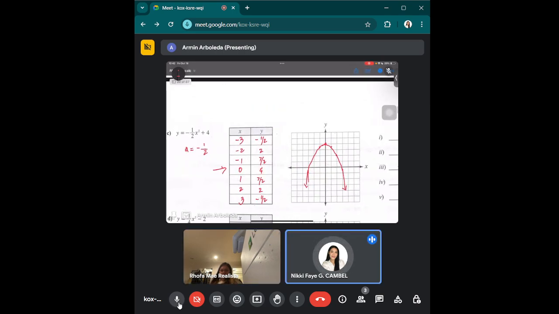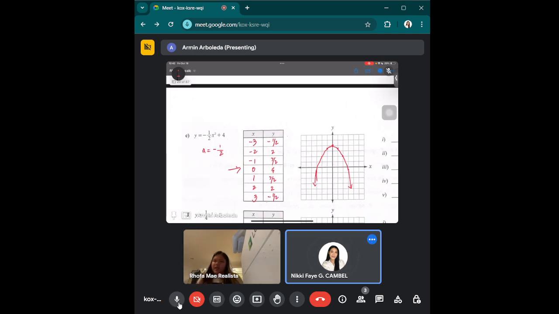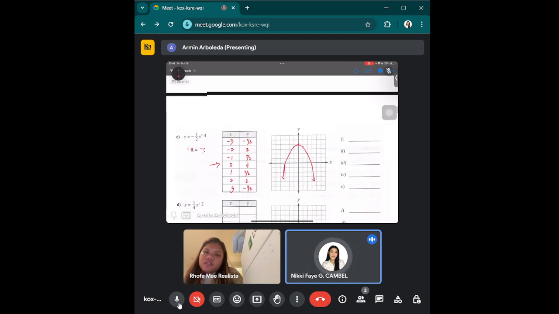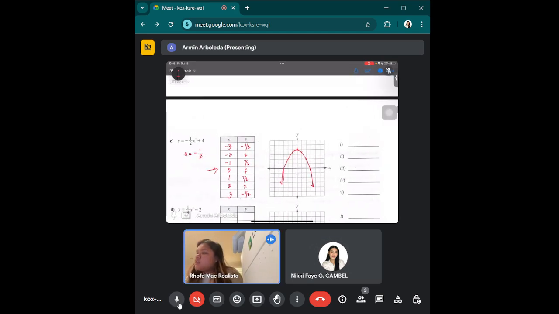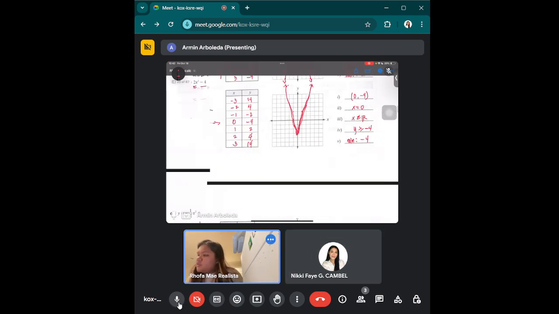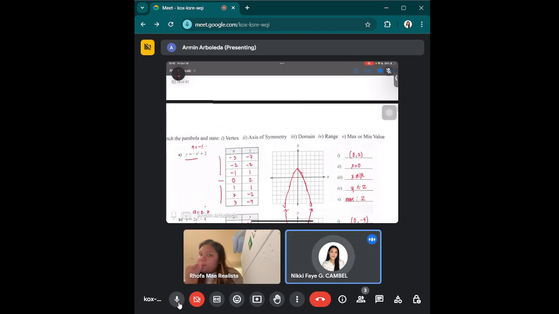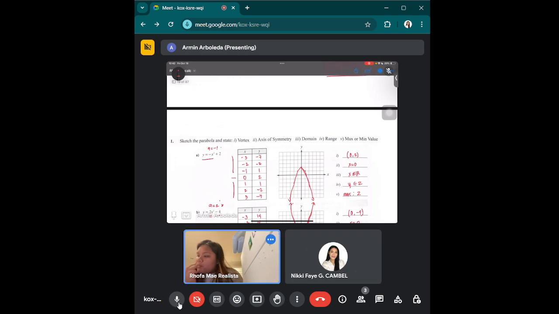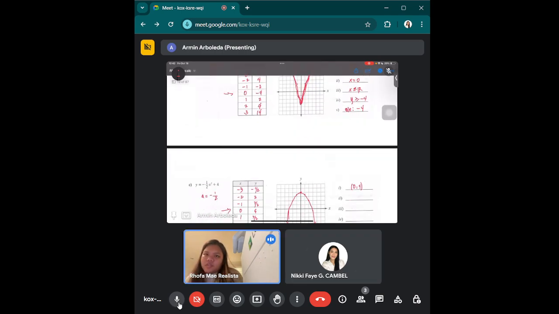So what did you notice? It's wide, right? Then can you tell me the vertex for this one? It's 0 and positive 4. What's the axis of symmetry? X equals 0.